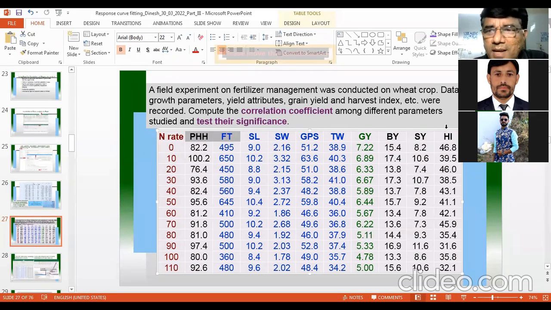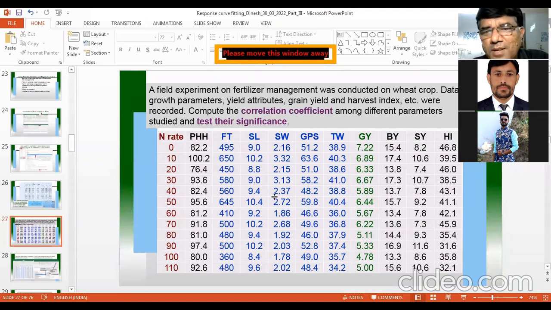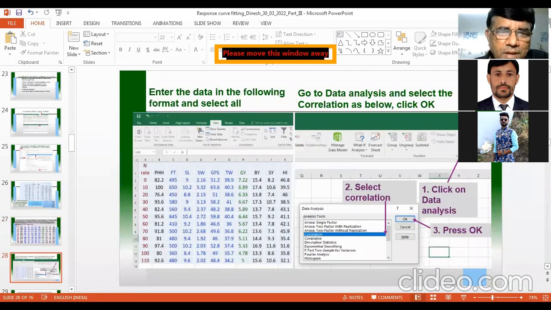So I want to tell you how to find the correlation coefficient matrix in Excel. People call it the correlation coefficient matrix. So how to do it now? You have this same data here. In the last slide, you have seen how to enter the data in the following format and select all.